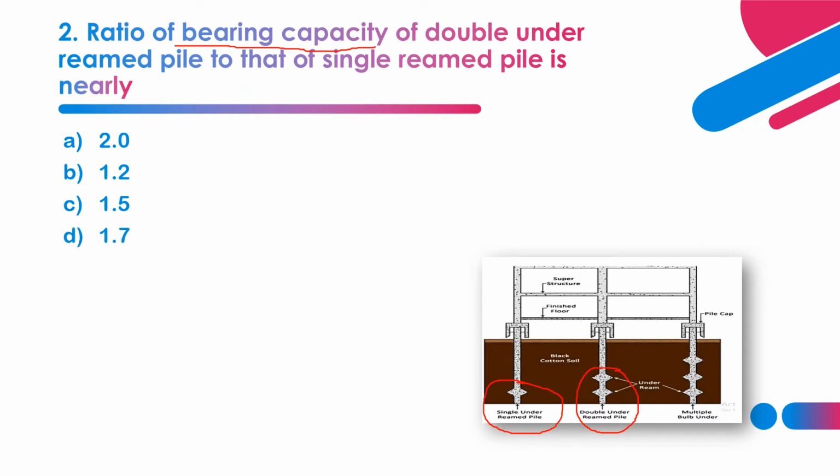So what is the ratio of bearing capacity, or we can say, the bearing capacity of a double under-reamed pile is how many times that of the single under-reamed pile?